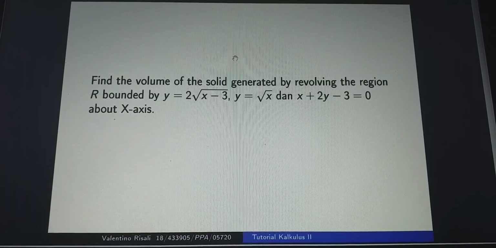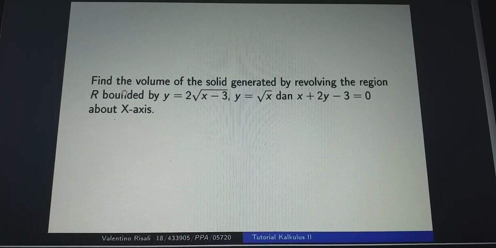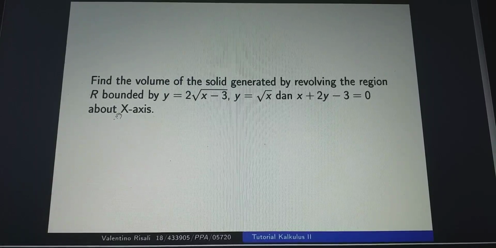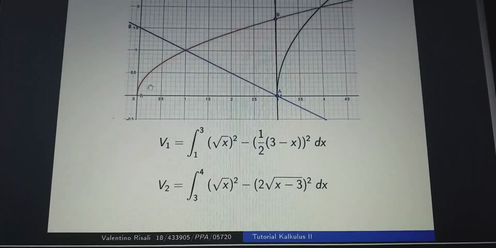Now we will discuss the solid of a region bounded by more than two curves. We must find the volume of the solid generated by revolving the region R bounded by this curve and also this line, about the x-axis. Remember again, about the x-axis.